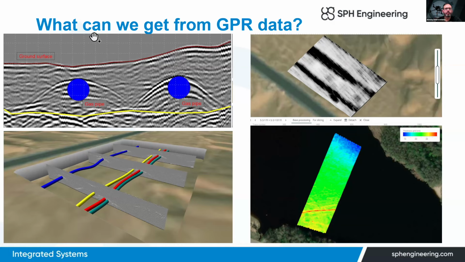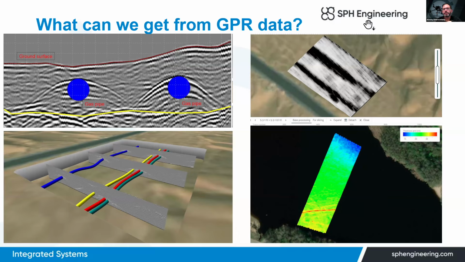Even in two-dimensional profiles, we can mark interfaces or margins between different soil layers. Like here, it's a surface, and here is a margin between sandy soil and bedrock, the yellow line, and we marked two gas pipes which are on tops of hyperbolas in that survey.